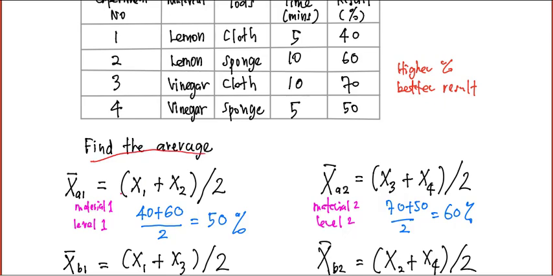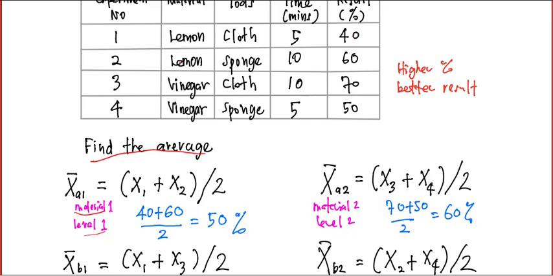We need to find the average value for each one of the levels and materials which we have. For example, the average value for the result of material 1 and level 1. Material 1 means lemon, and its first level.